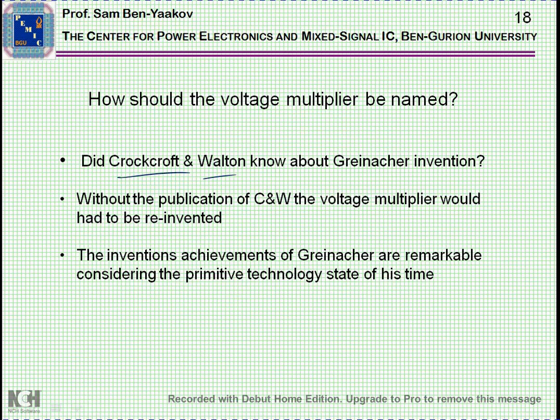And so they have, I guess, reinvented it. And also it should be said that if they had not published the papers, somebody along the line, maybe some years later, would have reinvented it, because people have been looking for high voltage circuitry. However, the achievements of Greinacher are really remarkable.